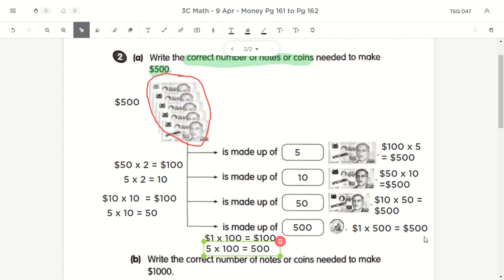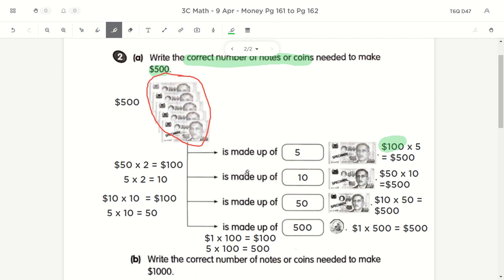All right, so if you don't really catch what I'm saying, just play back the video and listen a few more times, see the pattern of how you always link back to the value of 100, and then to know how many dollar notes or coins make up 100, and then you multiply to get the total.